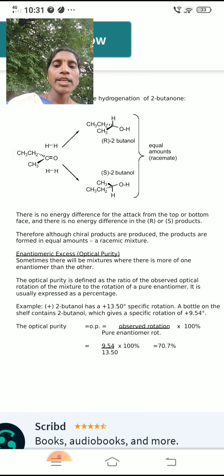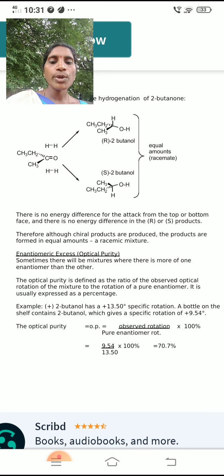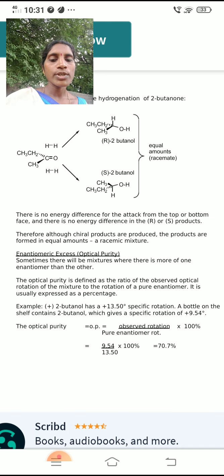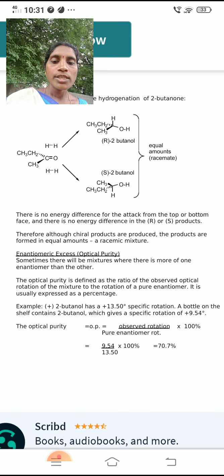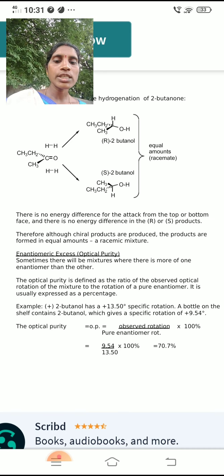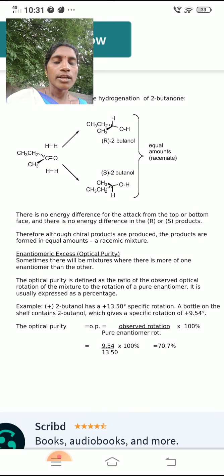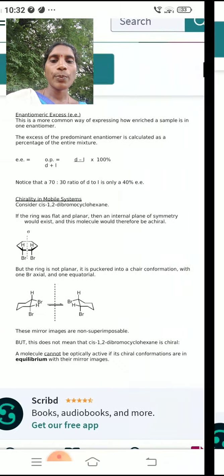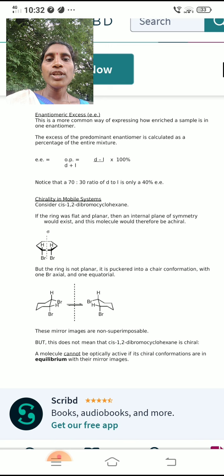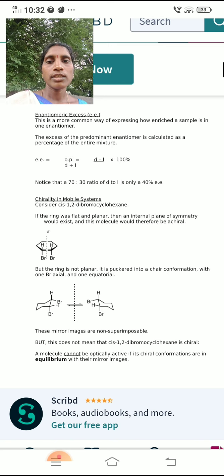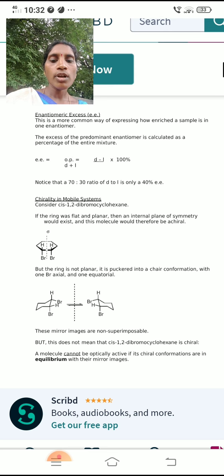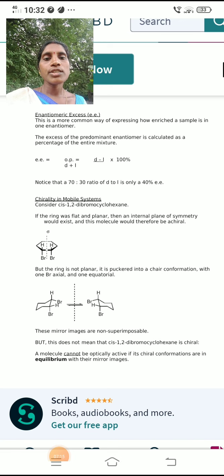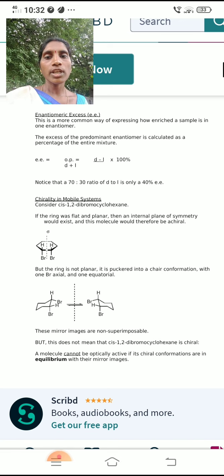This enantiomeric excess can also be calculated by the formula: enantiomeric excess equals the percentage of the major enantiomer minus the percentage of the minor enantiomer. This is a more common way of expressing how enriched a sample is in one enantiomer.